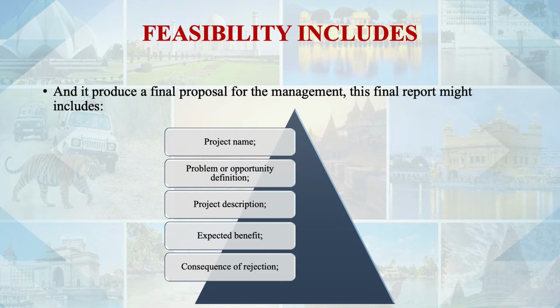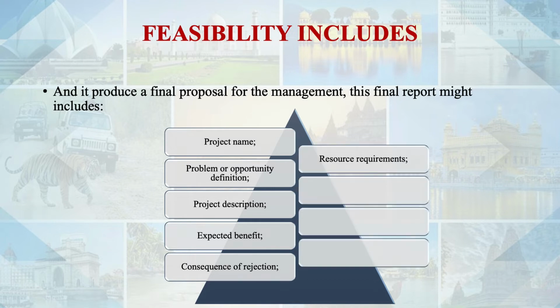Consequence of rejection: if the project fails for any reason, what will be the result? Will the firm collapse? Will there be huge losses? Will we be able to survive? What is the probability of our project's success? Resource requirements, various alternatives available to us, and other considerations are required under the feasibility study.